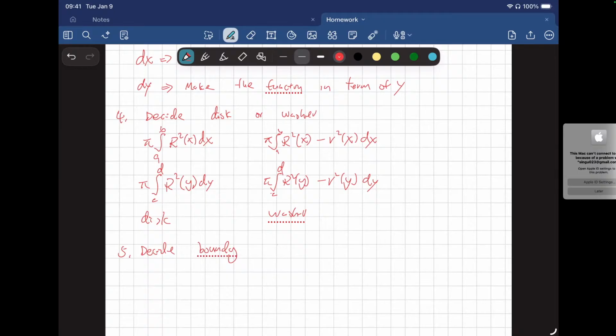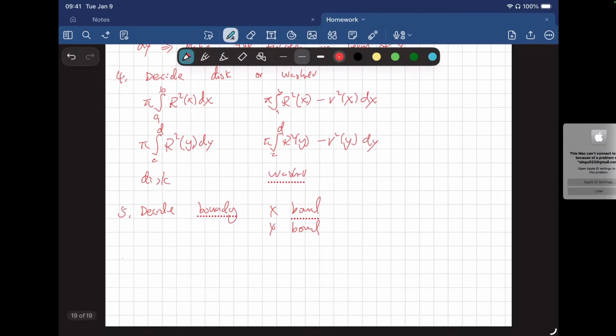It could be the x bound or the y bound, but it depends on the graph, right? So decide the x bound or y bound and decide the boundary. The sixth step is you have a boundary, you have a disk or your washer, you have dx or dy.